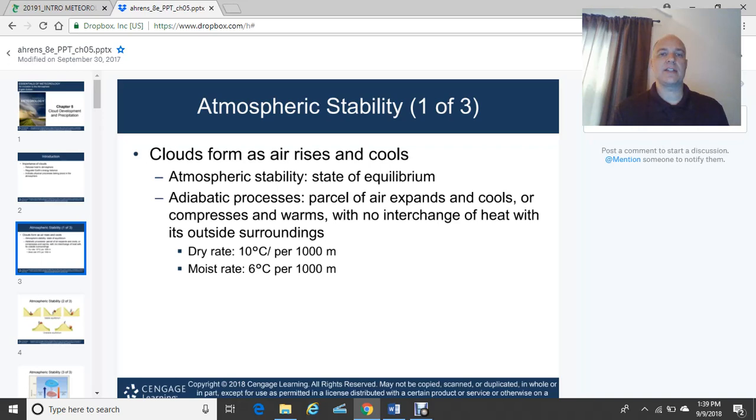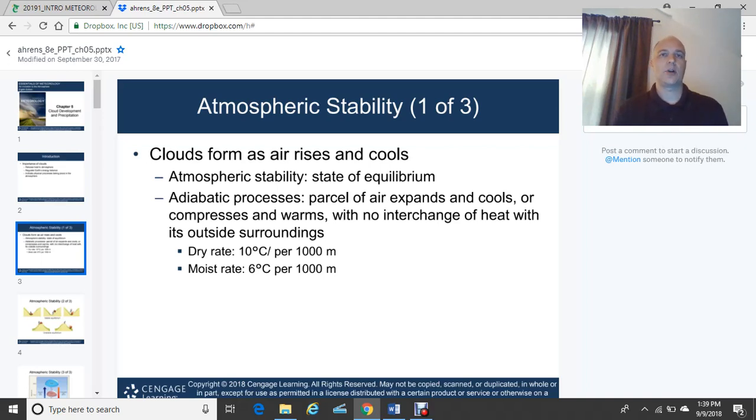Adiabatic processes are the case when a parcel of air expands and cools as it rises, or compresses, gets smaller, and warms as it sinks. Adiabatic process refers to no interchange of heat with the surroundings.